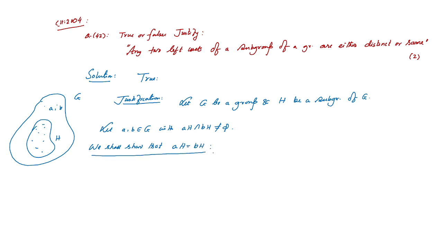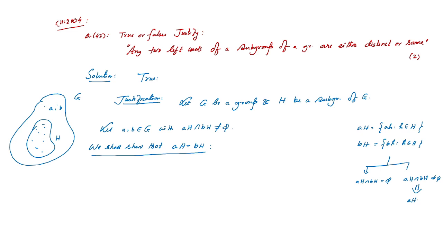So obviously, if you take two left cosets, one is aH, that means a small h such that h belongs to capital H, and another is bH. Two cases will arise, either aH intersection bH equals empty set, or aH intersection bH is not equal to empty set.